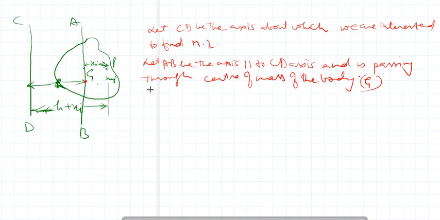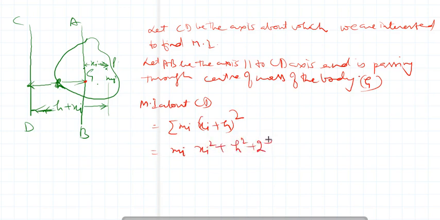So now the moment of inertia about CD of the ith point can be written as the summation of mi times xi plus h whole square, and this is equal to the summation of mi times xi square plus h square plus 2h xi.